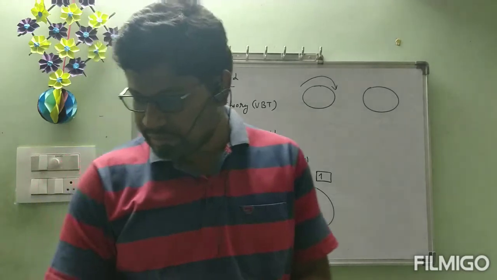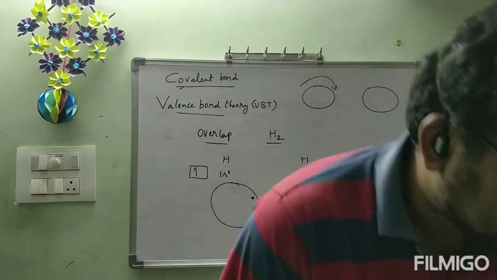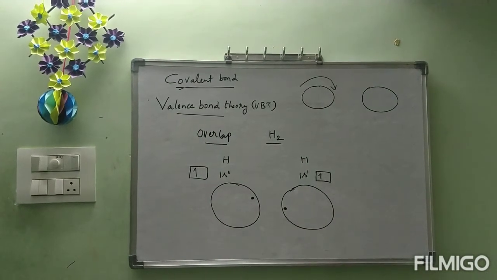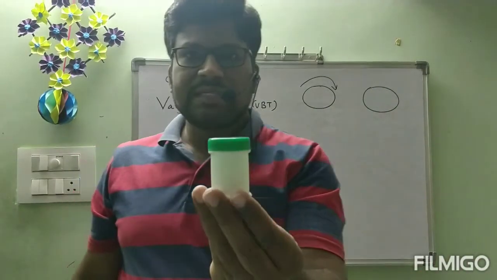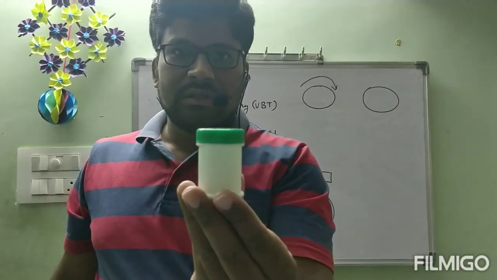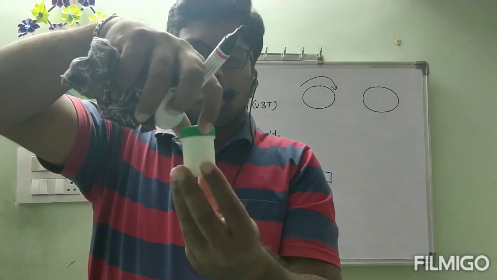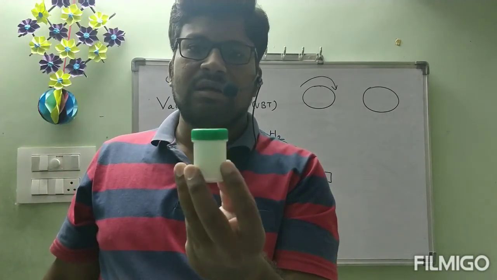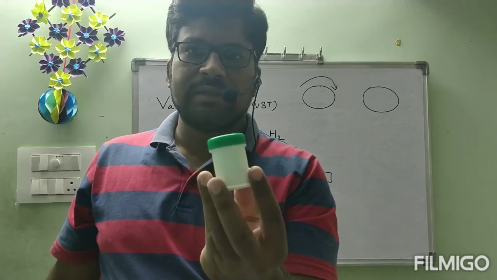Imagine this one as an electron. This spin is called clockwise direction spin.